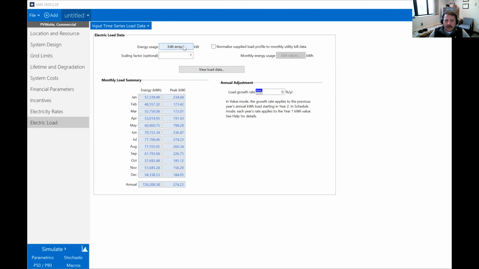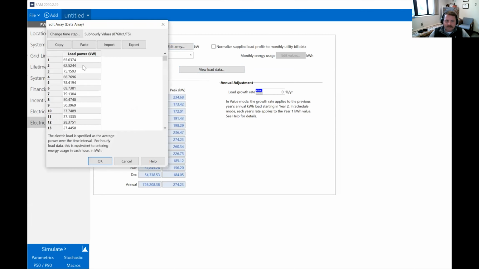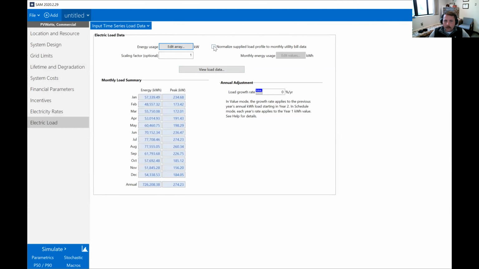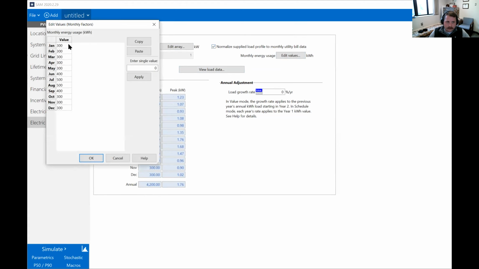If I want to edit the array, it's going to ask me for 8,760 hourly values. I don't have that. So I don't want to just edit the array. I want to normalize to the monthly utility bill data and edit those values, in which case I'll be able to paste in my numbers.